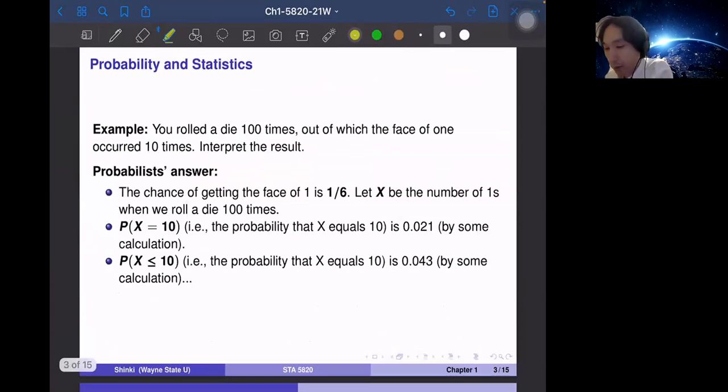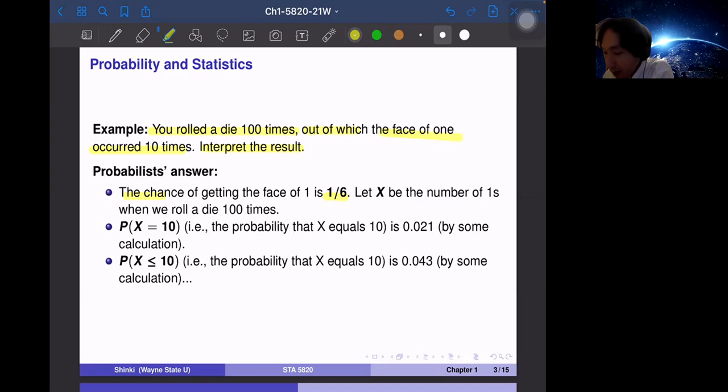So here is the typical example. You roll a die 100 times, out of which the face of 1 shows 10 times. Interpret the result. Probabilist thinking is here. The chance of getting the face of 1 is 1/6. Let X be the number of ones when you roll the die 100 times.